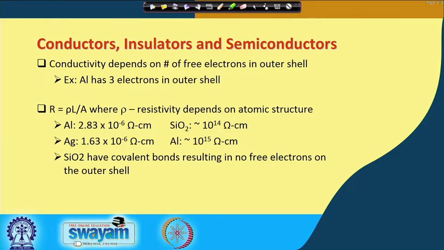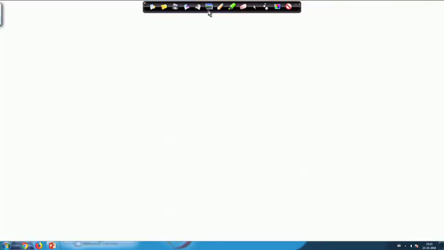Why are they good conductors of electricity? That is the question. In order to answer it, let us look at how an atom of aluminum looks.